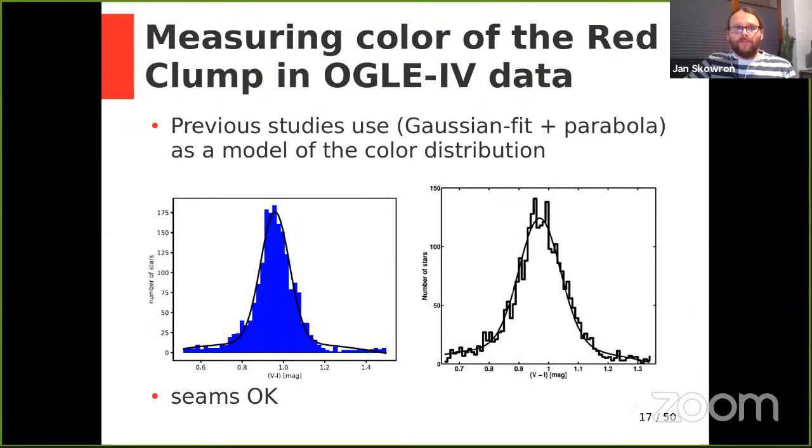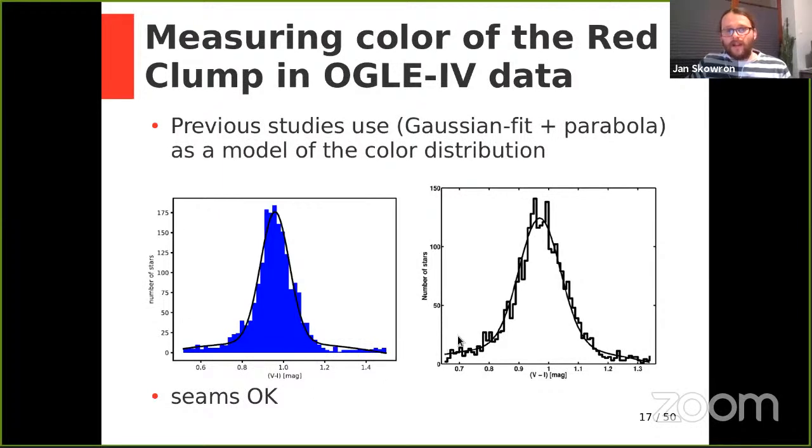So now I will focus on the most important task at hand, which is measuring the color of the red clump itself. So you can construct a color magnitude diagram or the histogram of color of red clump stars.